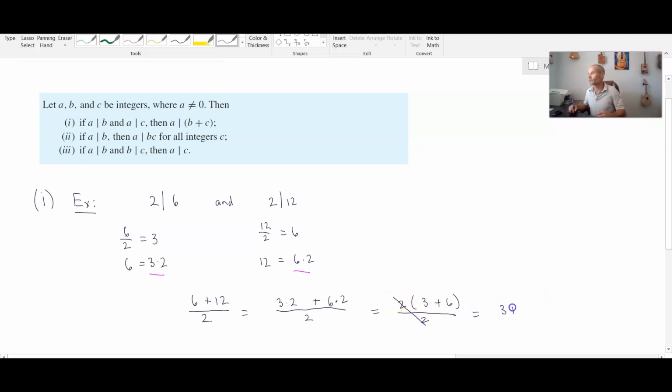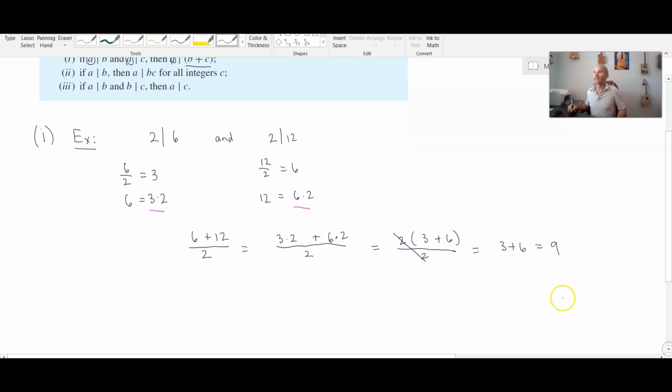So 3 plus 6, which is equal to 9, is the result of taking 6 plus 12 and trying to divide it by 2. So this is our intuitive proof by example of why if one number divides two different quantities, it will also divide their sum.